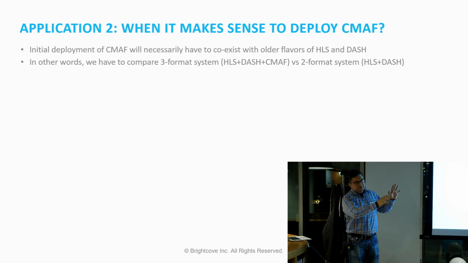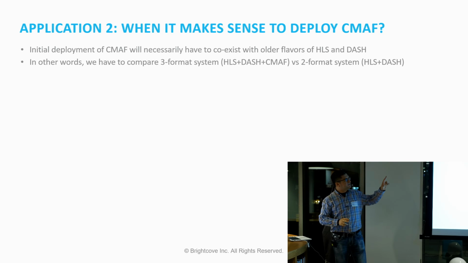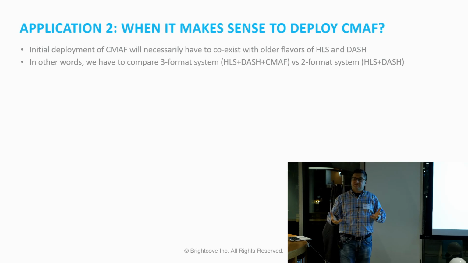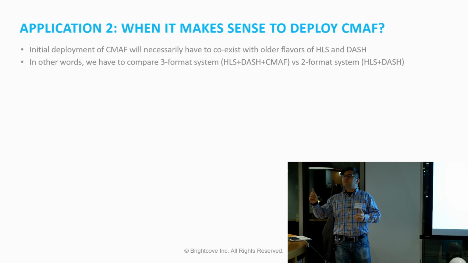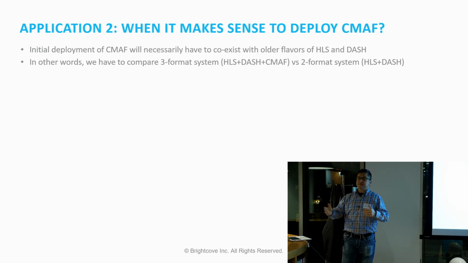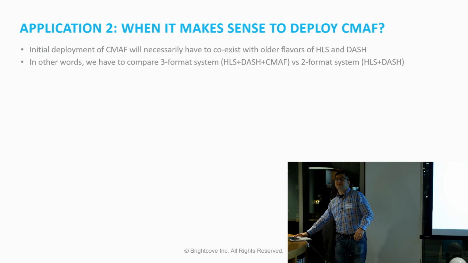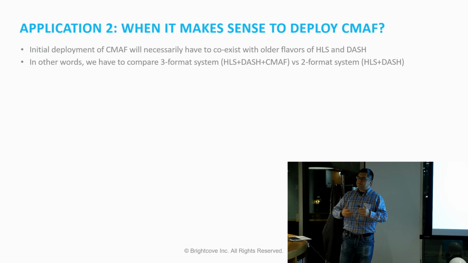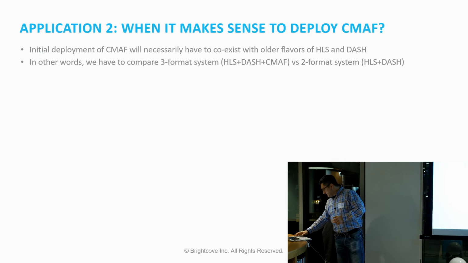So what I'll show in the last couple of pages is that if we have a sufficient number of devices able to support CMAF, that becomes the point where deploying it will actually start saving money right away, even considering that you still need to support HLS and DASH devices by themselves.